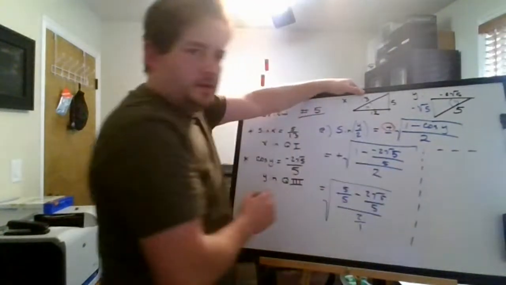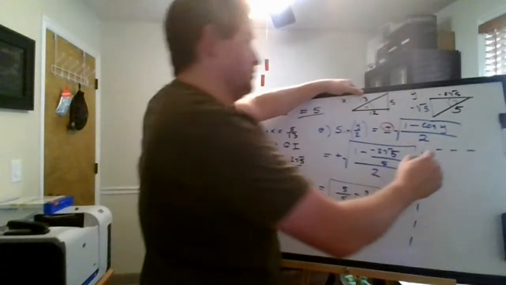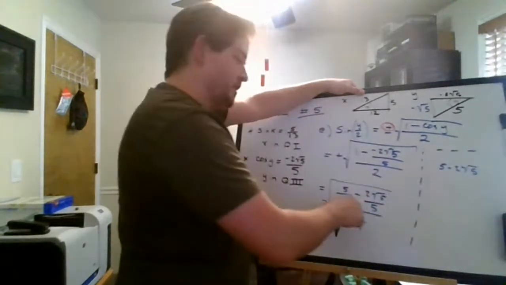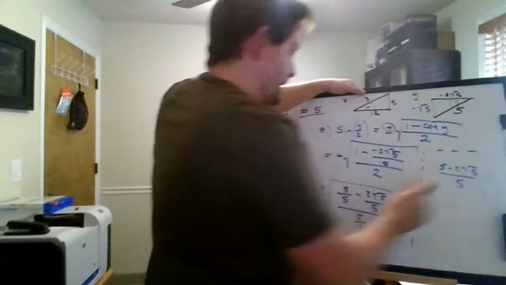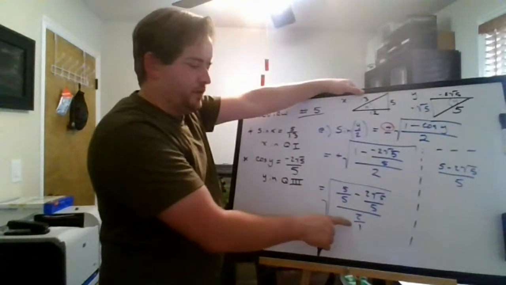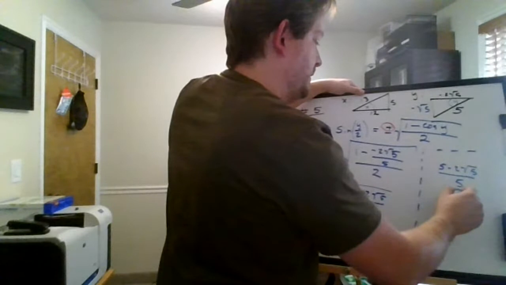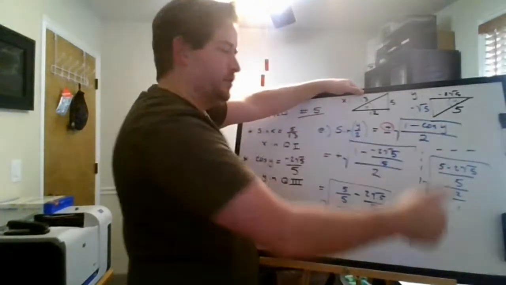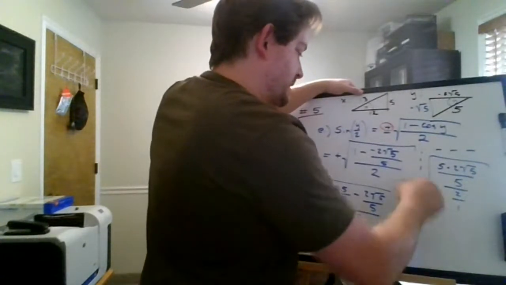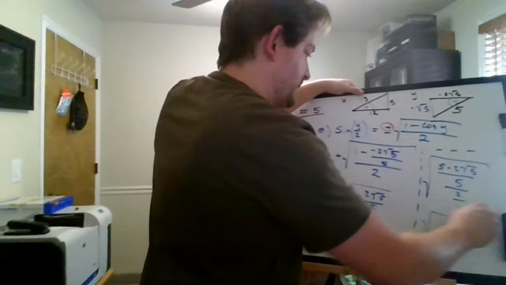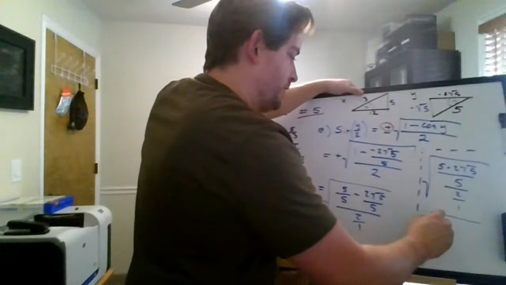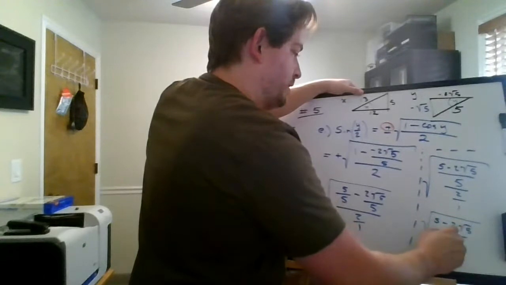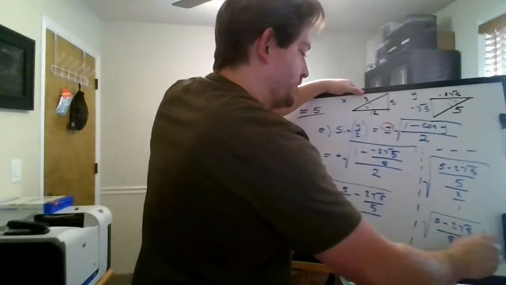This becomes 5 minus 2 root 5 all over 5. And now that's a single fraction over 2 over 1, all under the square root. So I can take my 2 over 1 and multiply it. So this gives me 5 minus 2 root 5 all over 5 multiplied by 1 over 2.